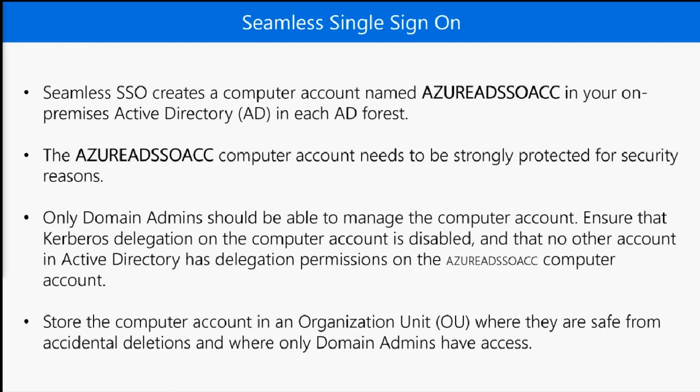You'll also want to store that computer account in an OU where it's safe from accidental deletions. You don't want these being deleted. And make sure, again, that only domain admins have access. So this is one of those service accounts that we want to protect. All of this information is also fully documented in our documentation around pass-through authentication.